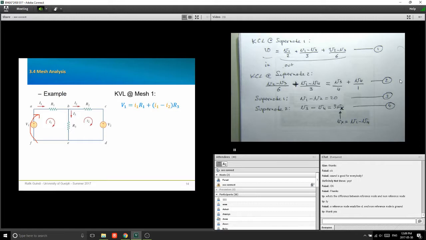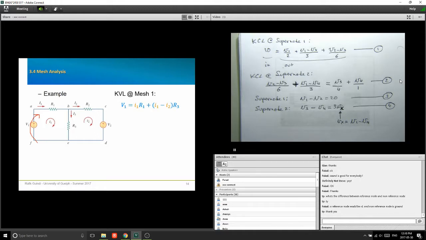So here, from here to there, is that a voltage rise or a voltage drop? Somebody said something? I heard somebody there say something. Okay. It's a voltage rise. Okay. So you have a voltage rise of V1.